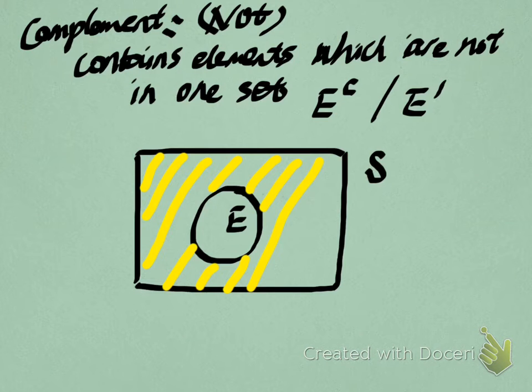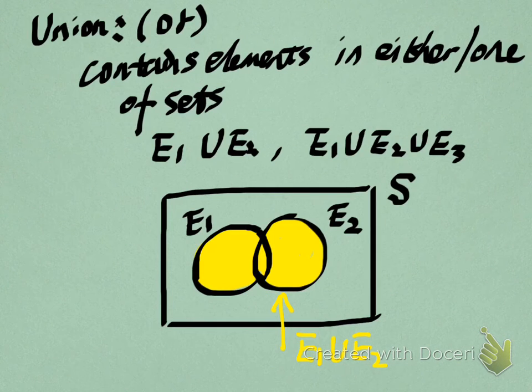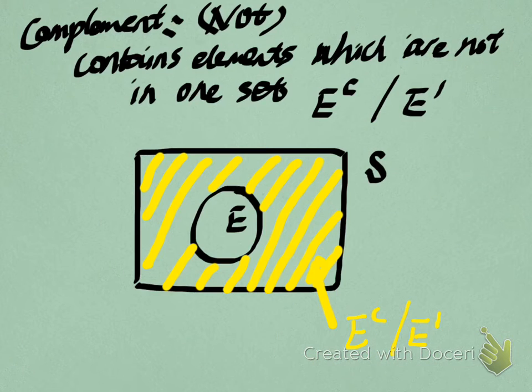Here I shade this part in yellow. This is the meaning of E complement, E^C, or E prime. So now we know these three important computations of sets. The first one is intersection, the second one is union, and the third one is complement.